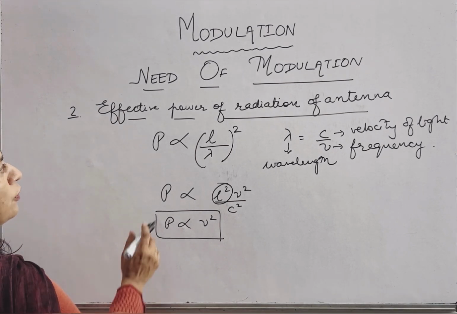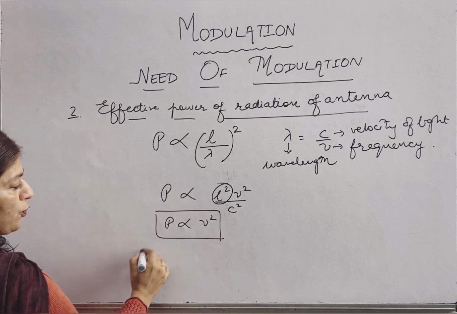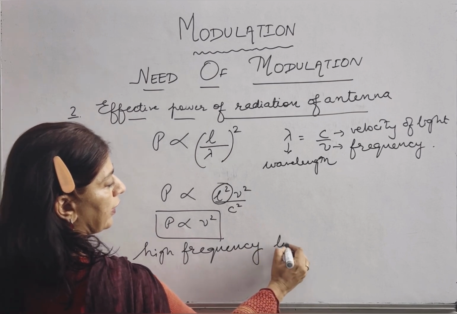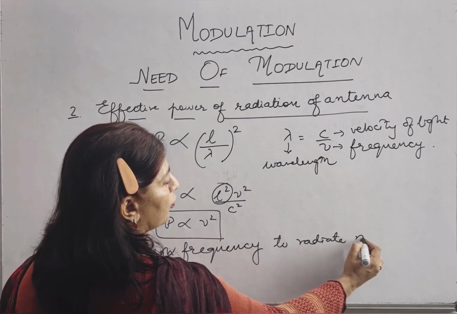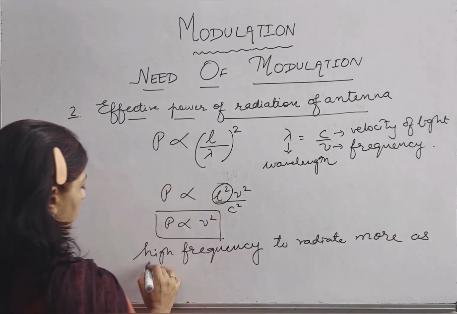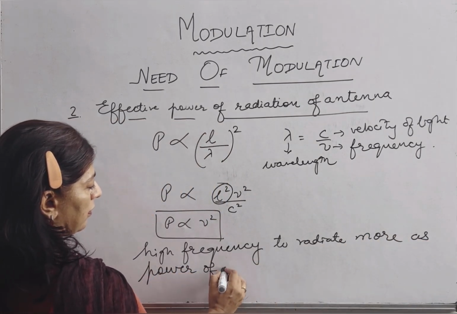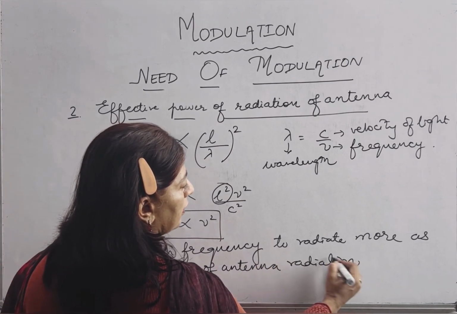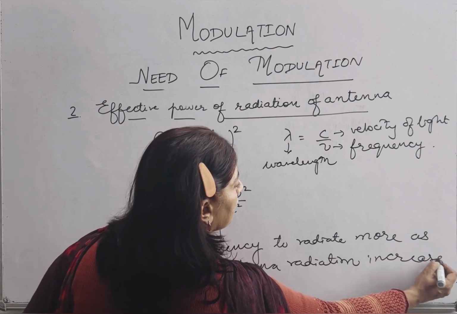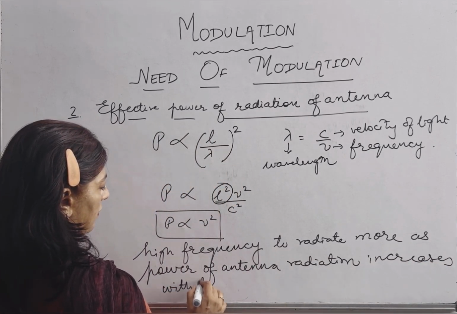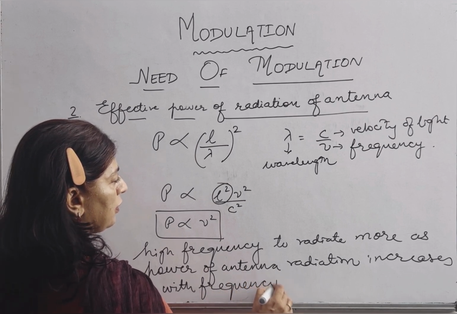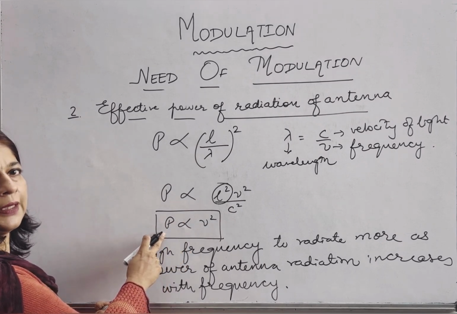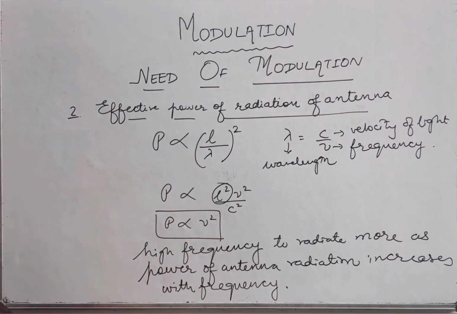So that is why we need the modulation in which we use high frequency wave to radiate more, as power of antenna radiation increases with frequency. We can see for that same length, if frequency is less, this power of radiation will be less. So that is why the modulation is required.